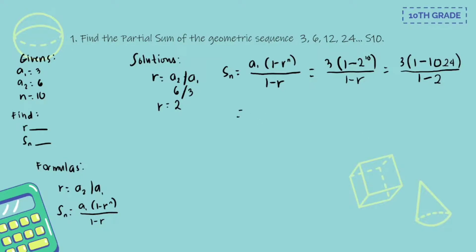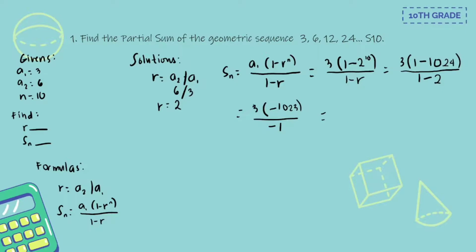So here's the continuation. So 3, 1 minus 1024. It's negative 1023 over 1 minus 2, negative 1.